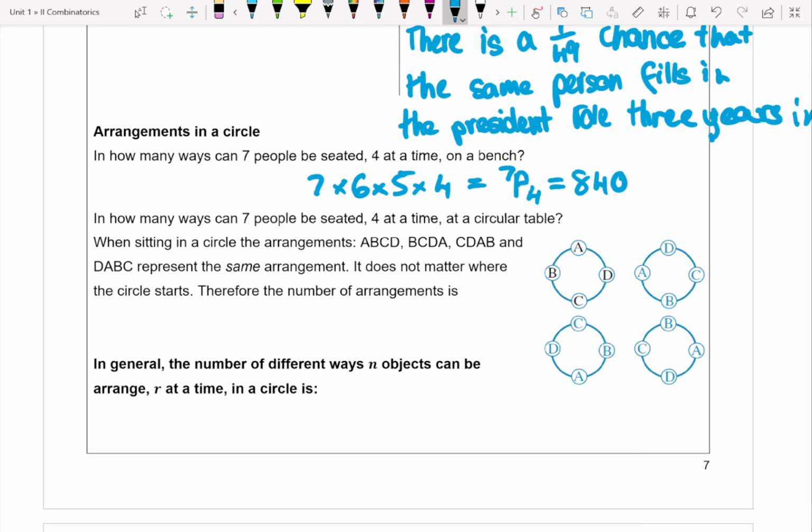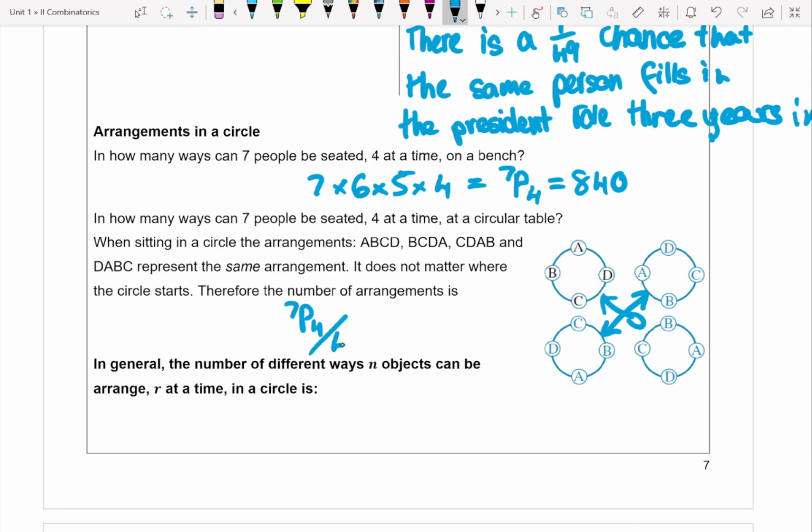What about if they're instead at a table? So then we have the issue that these 4 arrangements, for example, are all the same, right? A is next to D, D is next to C, C is next to B, and B is next to A in all 4 of these arrangements. So the number of arrangements is going to be 7p4, but we have to account for these quadruple ups of 4 of them being the same.